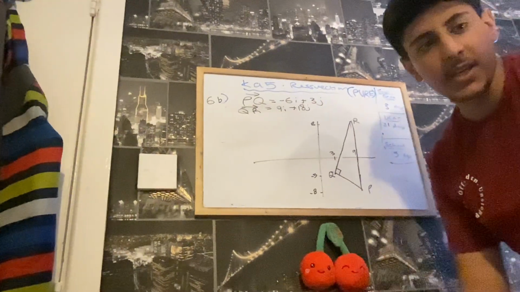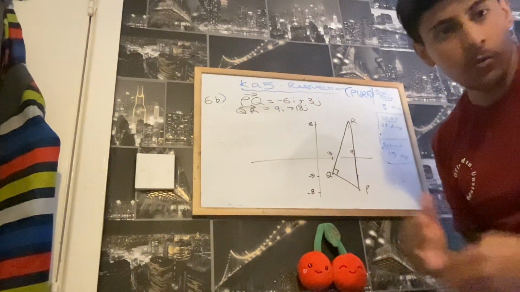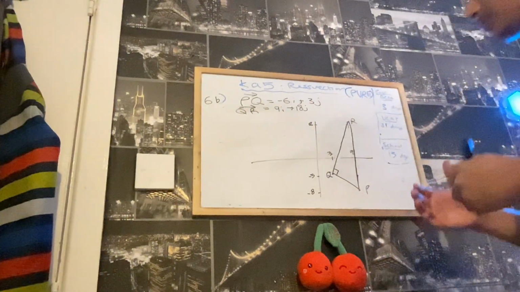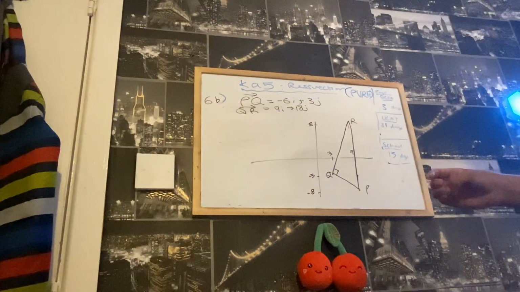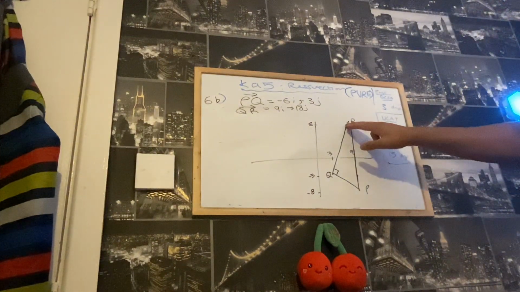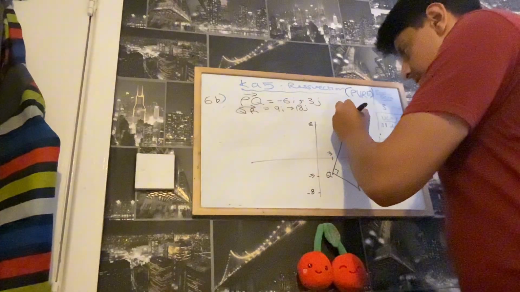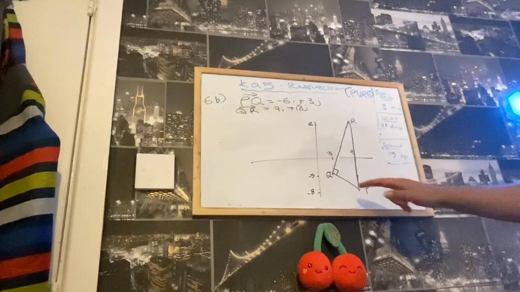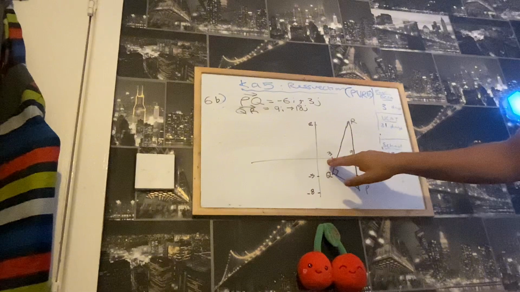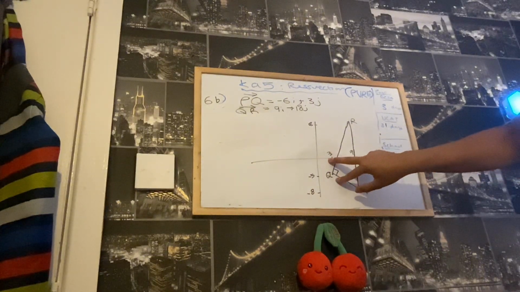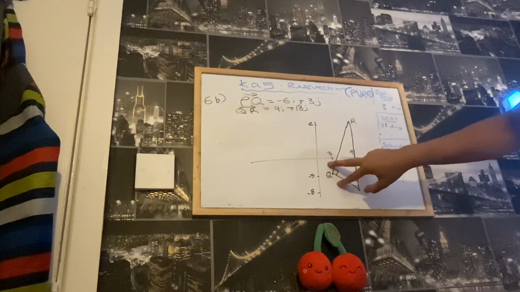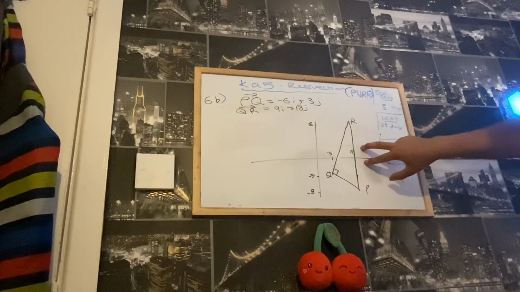Thing is, you got to know this, right? If it's a 90-degree angle, Pythagoras can work with it, okay? So what do we have to do in order to prove that this is a 90-degree angle? Well, it's quite simple, actually, okay? We have to find out the length of that and that, and then use Pythagoras to prove that these two lengths is equal to the same length as that.